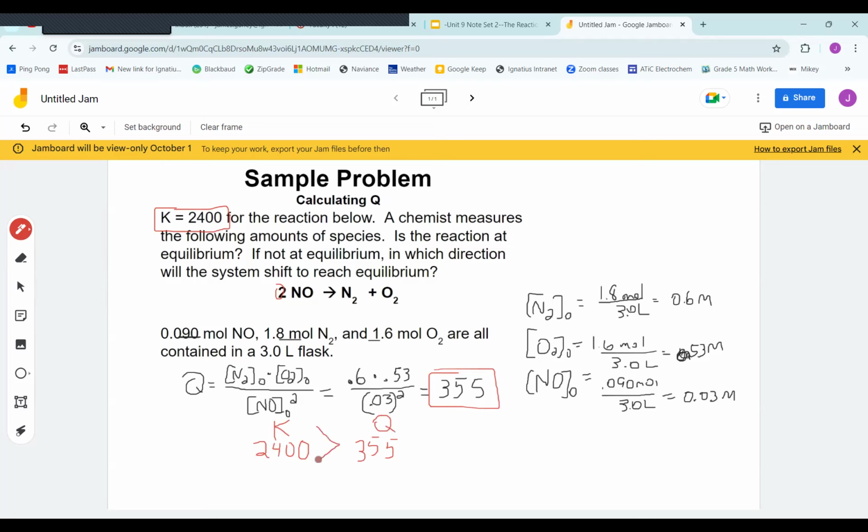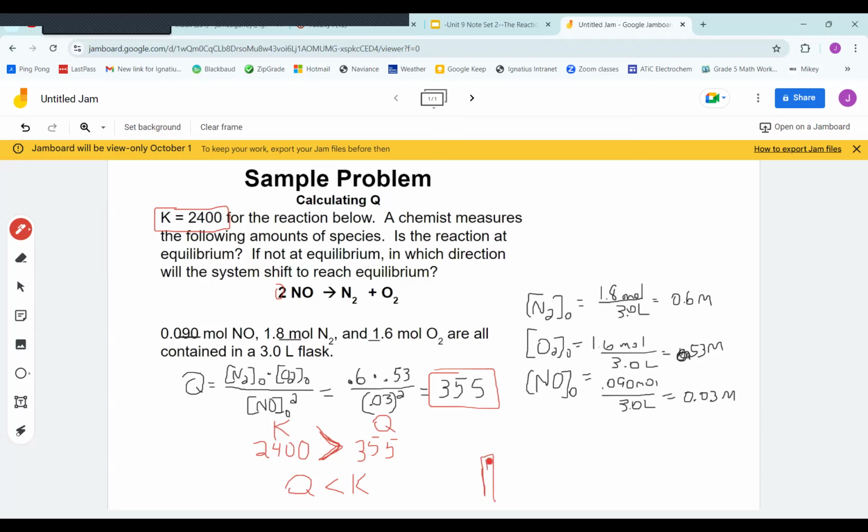Well, students, obviously 2,400 is the bigger number. So that means that K is bigger than Q, or you could say Q is less than K. It's the same thing, right? Q is less than K. And so if you look at the bar chart, let me draw this real quick.